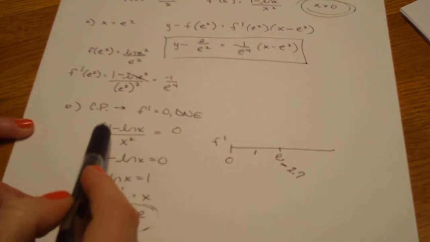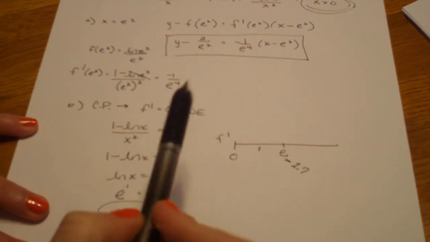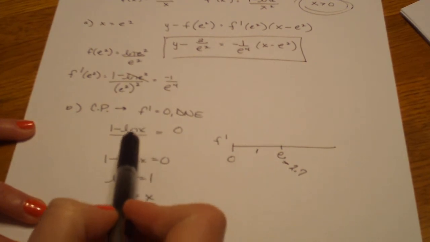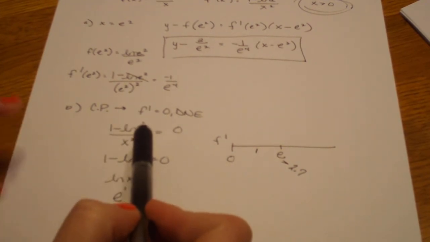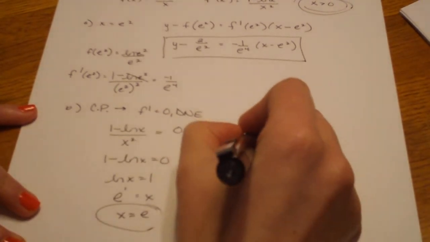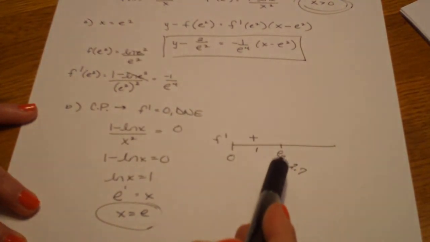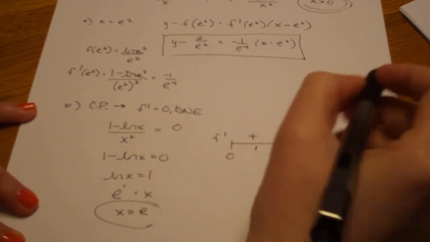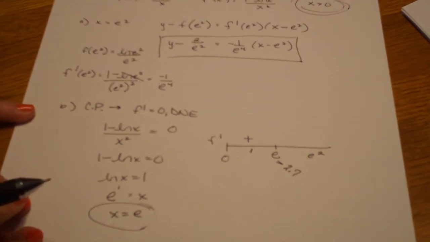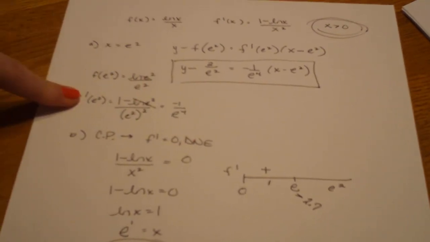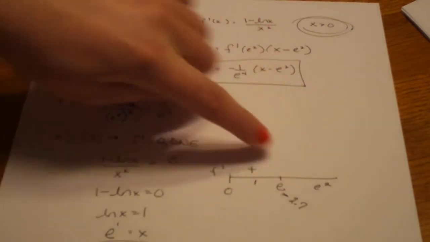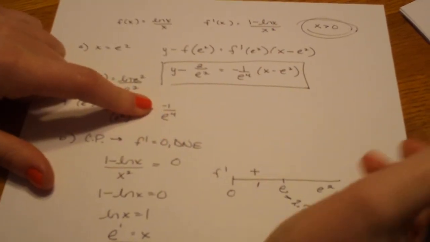If I sub 1 into my derivative, then I would have 1 minus ln of 1, which is 0. So 1 minus 0 is 1 over 1 squared. That's going to be positive. Now, what about a number bigger than e? How about e squared? The reason I'm picking that one is because we actually used it up here in part A. I already know that the derivative at e squared, which has to be bigger than e, is a negative number.